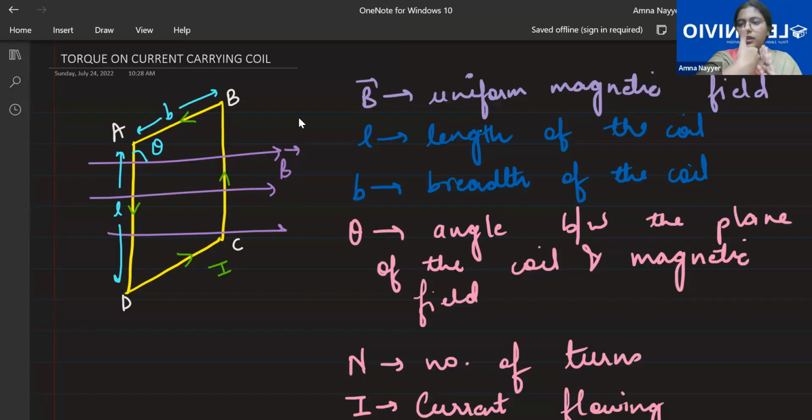Current is moving out and the field is towards the right. Where is the thumb pointing? The thumb is pointing upwards. So this is the direction of the force F_AB. Is this force clear to all? Why is the direction upwards?